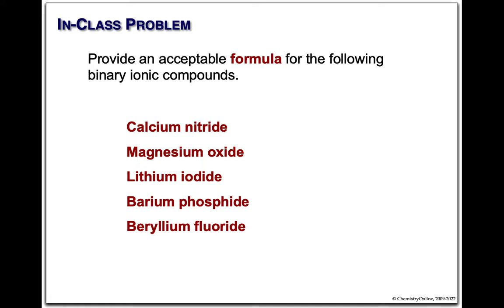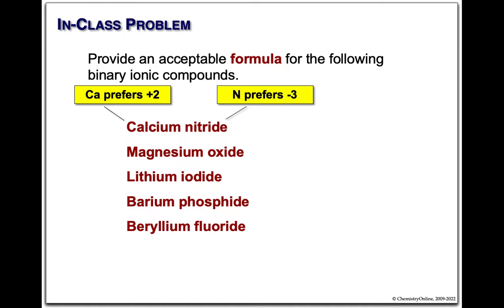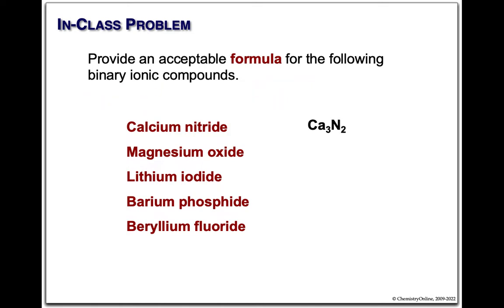Nitrogen is group 5, it will be a -3. This is where you can very easily do your crisscross in your head. 3 calciums, 2 nitrogens. Go ahead and run through the rest.